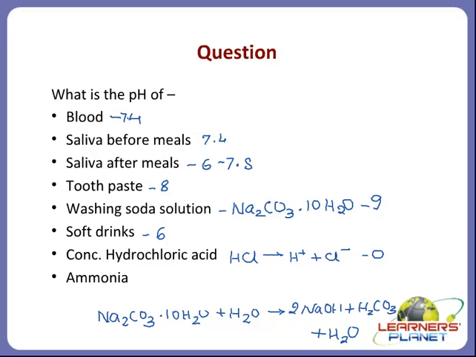So here the H ion concentration is 10 to the power minus 1 and your pH would be 0 to 1. Now our next compound is ammonia. What is the formula of ammonia, students? The formula of ammonia is NH3.